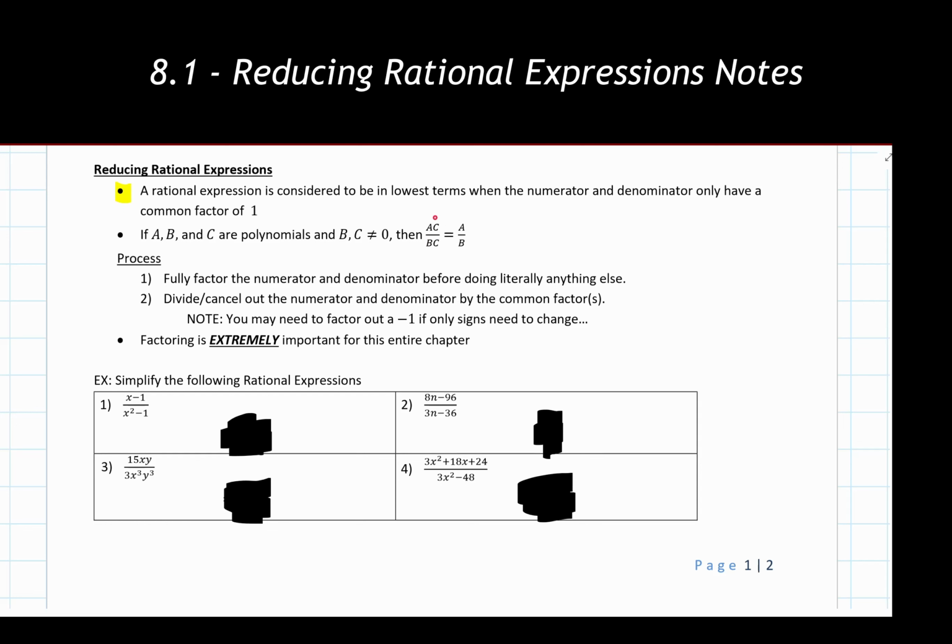So those can cancel out, and what's left over? Just the polynomial a and just the polynomial b. We have that thing fully reduced then.